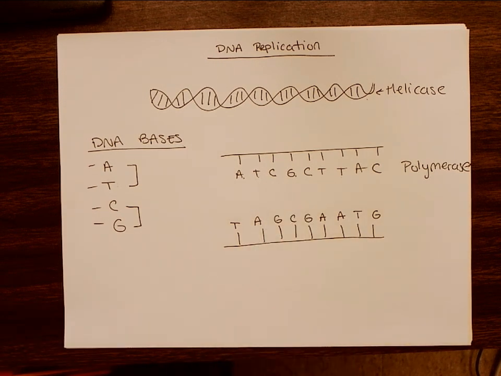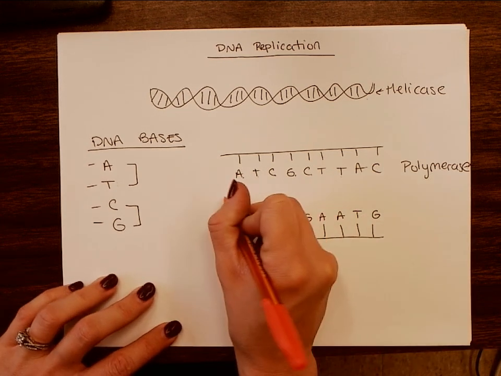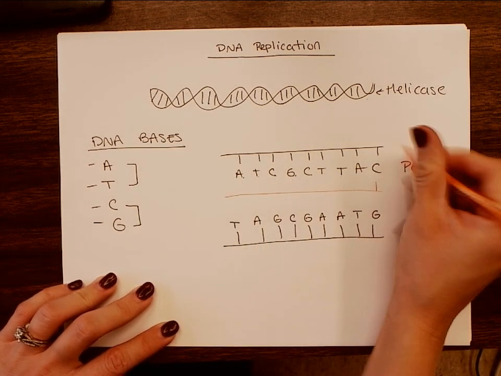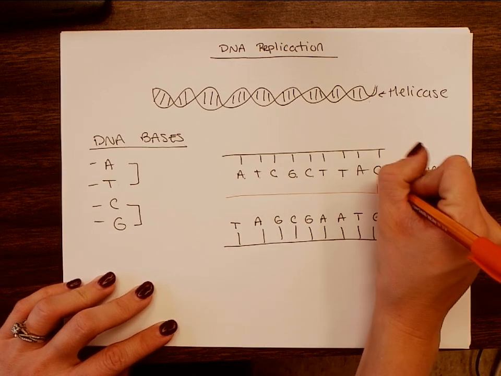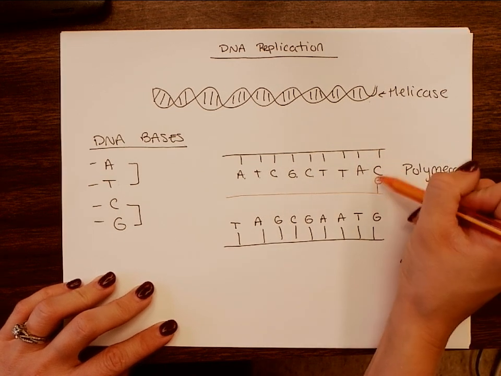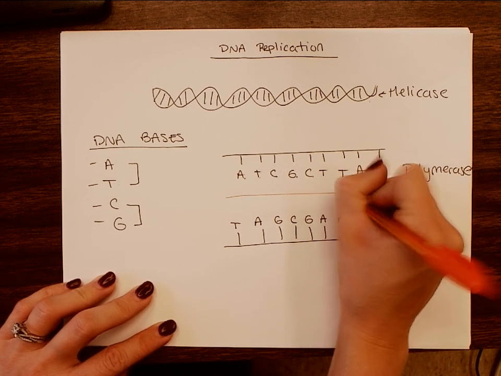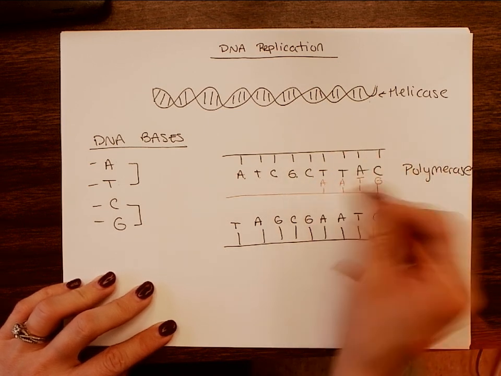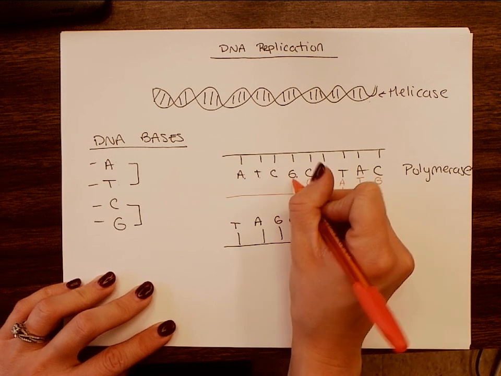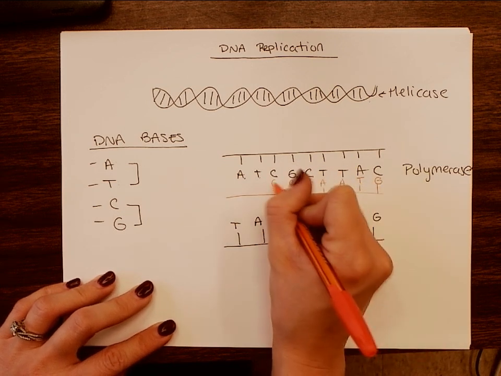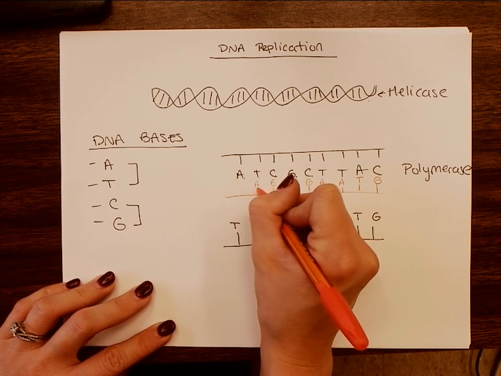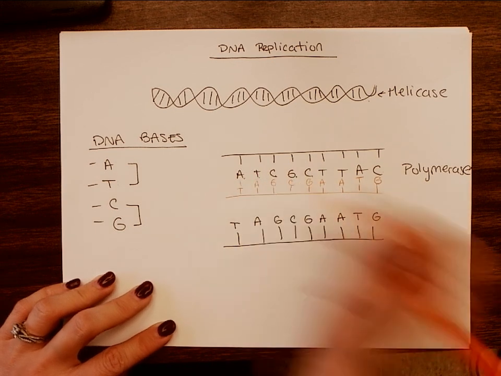I'm going to use a different color here to show you that this is a new strand of DNA that we're going to be making. We see that C will bond with G, so we will have this pair. A will bond with T, T to A, T to A, C to G, G to C, C to G, T to A, and A to T.